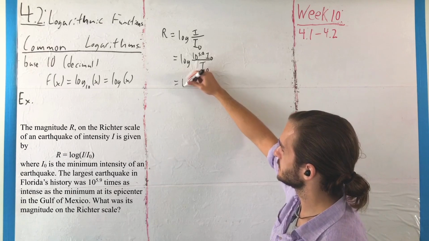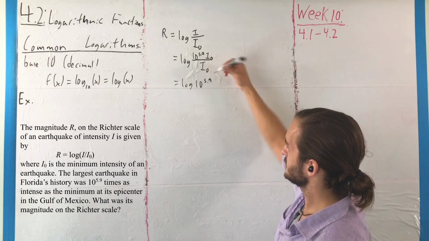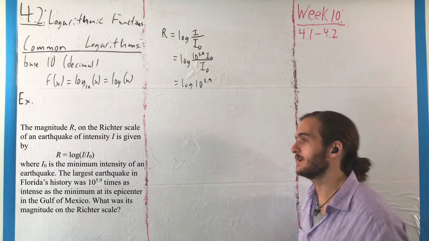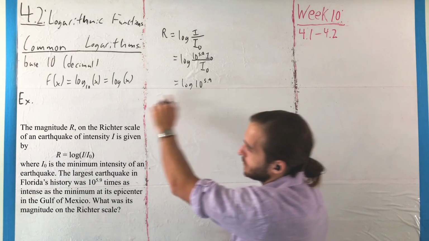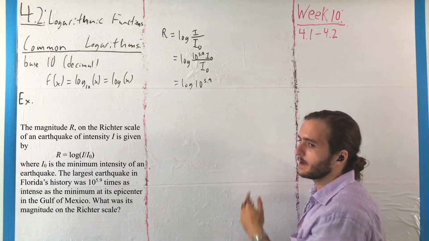The I naughts cancel, and we are left with log of 10 to the 5.9, the common logarithm of 10 to the 5.9, where remember, the common logarithm is log base 10. We have log base 10 of 10 raised to a power.